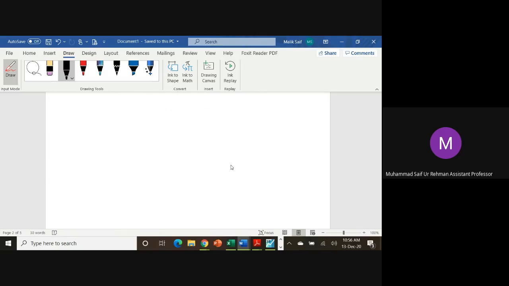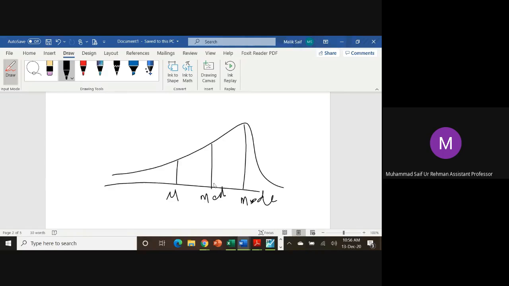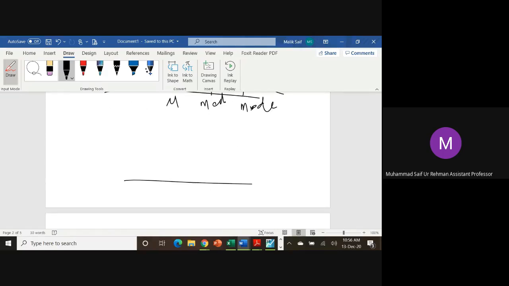But if this is not the case, and the case is like this, it means that now the distribution is negatively skewed. In this case, here will be your mean, here will be your median, and at this point the peak value will be considered as the mode. Otherwise, if the data distribution is like this, this will be considered as positively skewed.